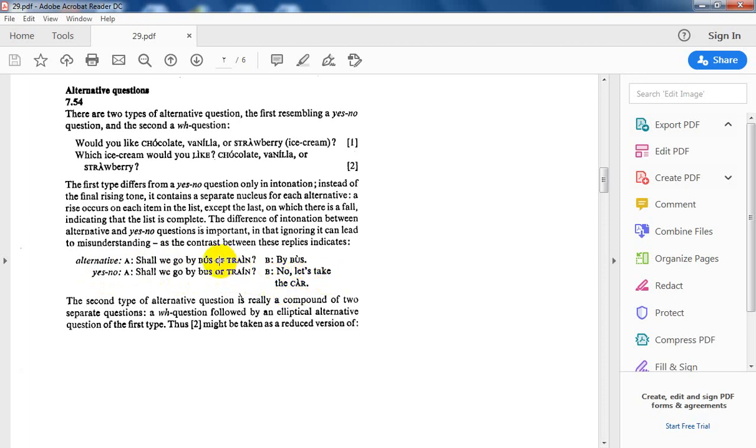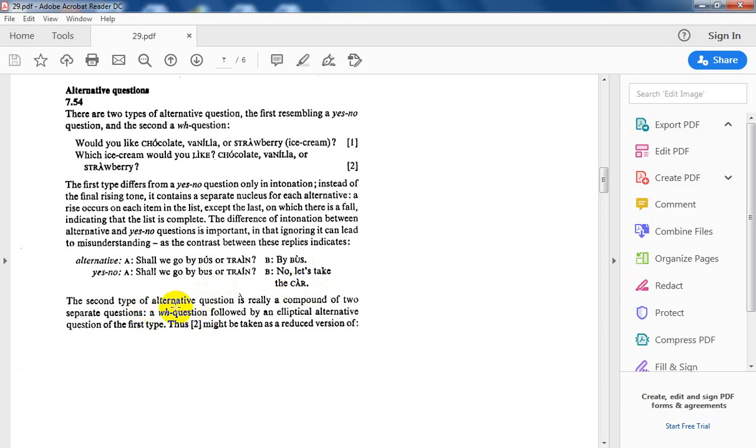With the alternative, it does not give me another option, so you should choose one of the options mentioned in the question. In contrast, with the yes/no question, you may have an option other than those mentioned in the question, like bus or train, no, choose something else like a car.